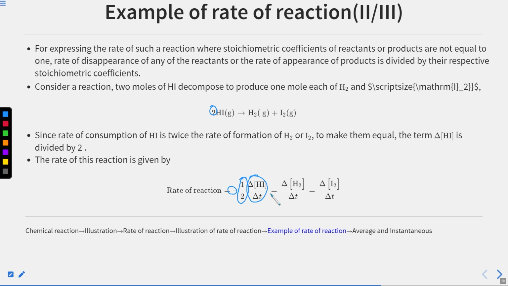But if the stoichiometric coefficient is not equal to 1, then the rate of appearance or disappearance of these reactants or products will not be equal to the rate of reaction. That is why we are dividing, to make all these things equal, we are dividing it by 2 to get the rate of reaction. So is this clear to all of you? So this is our second example.